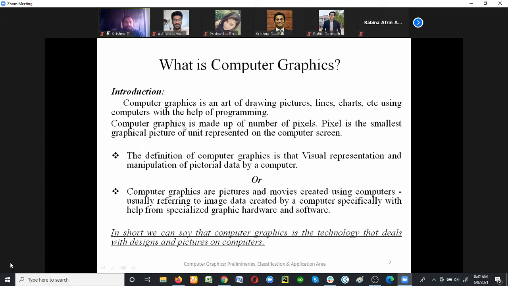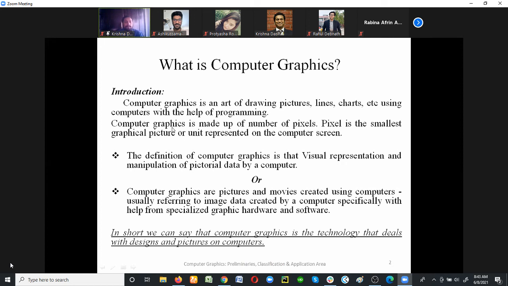Any image is made of a huge number of pixels, and you define that pixel. On the basis of that, you can create a picture. So graphics, computer graphics especially, as you see, the word graphics comes from graph, right? And the graph is actually what?